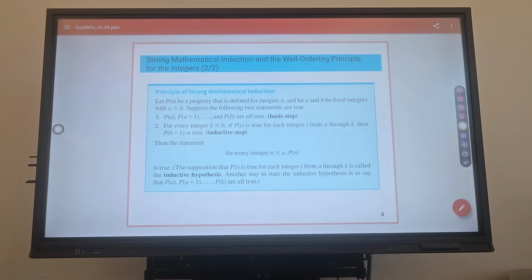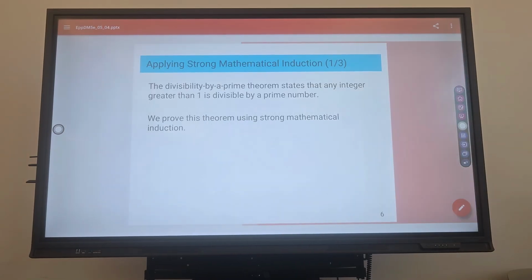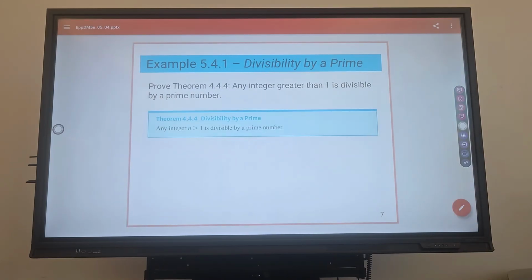So, applying strong mathematical induction. The divisibility by a prime theorem states that any integer greater than 1 is divisible by a prime number. We prove this theorem using strong mathematical induction.